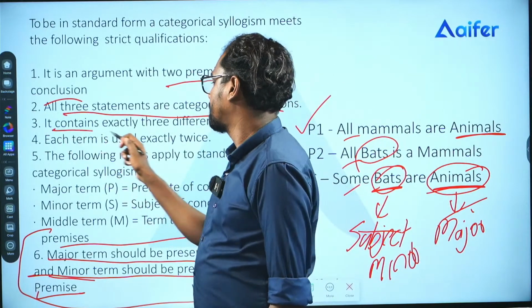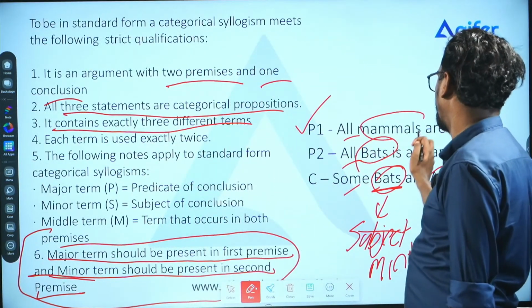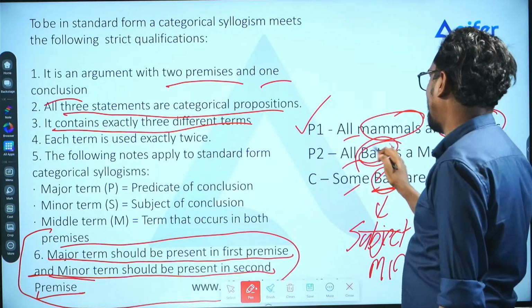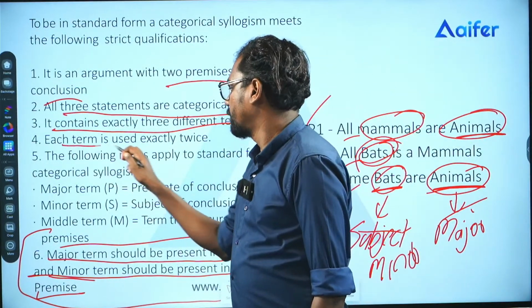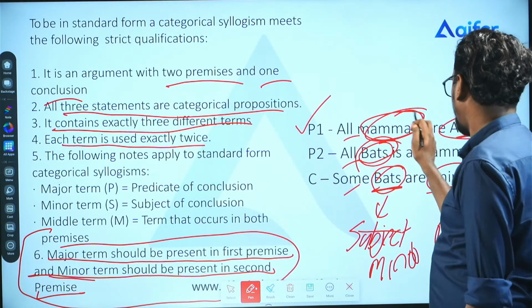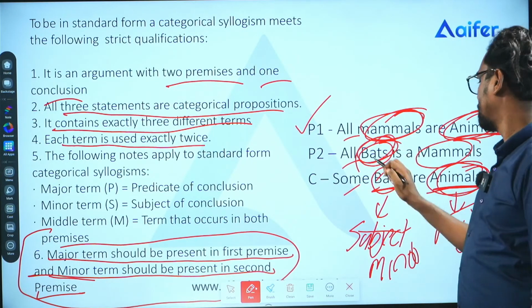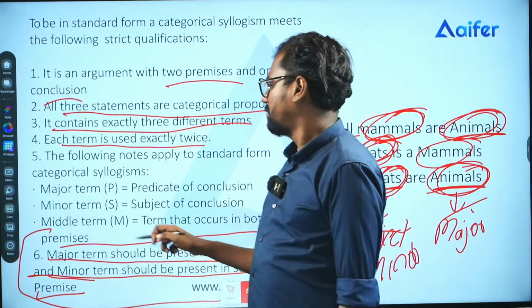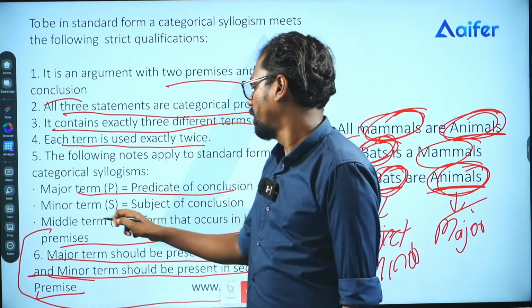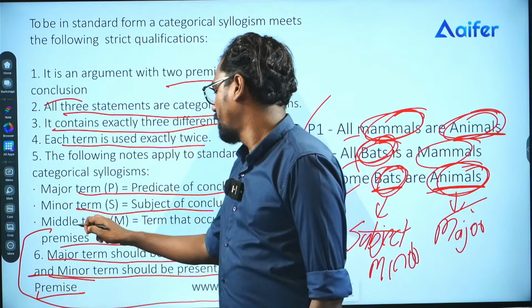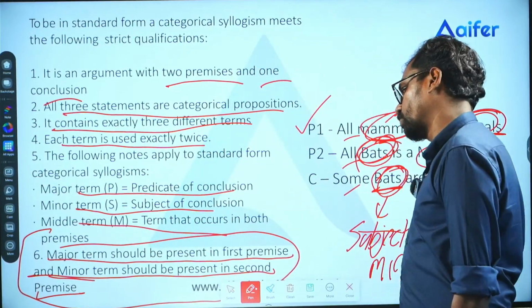It contains exactly three different terms, for example mammals, animals and bats. Each term should be used twice, including the conclusion. The major term is the predicate of the conclusion, the minor term is the subject of the conclusion, and the middle term is the term that occurs in both premises.